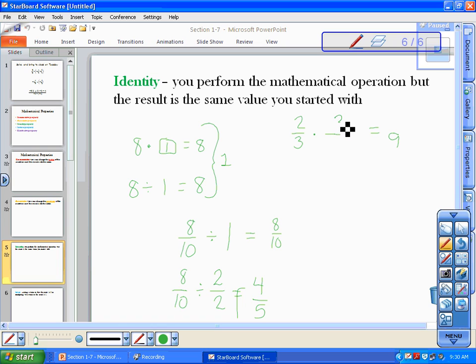So in this case, we're going to write the value of 1 as 3 over 3. 3 divided by 3 is still 1. Identity says if we take a number and multiply it by 1, we will still end up with the same value. In this case, it will be 6/9 as opposed to 2/3. So we use identity property quite a bit in finding 0 pairs and reducing fractions and finding common denominators.